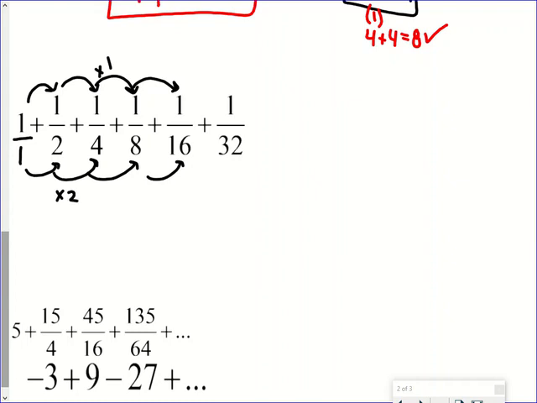So your pattern for this one is multiplication, which means it's a geometric. So our pattern is r, and our pattern is going to be what we did on the top and what we did on the bottom. So we're multiplying by 1/2. All right, so for geometric, we're going to follow our formula that we wrote down in the beginning.